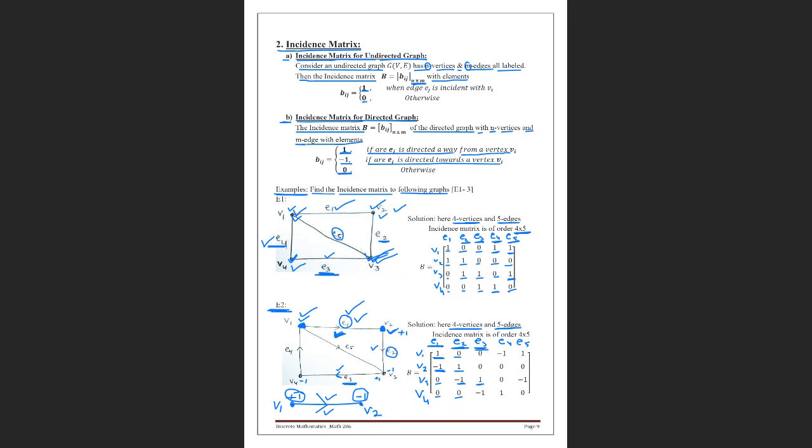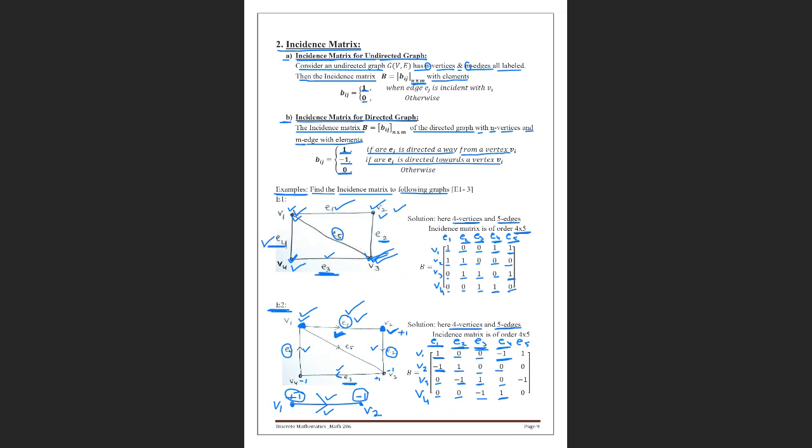So V3 here +1 and V4 here -1, and the rest is 0. Now see this E4. Edge E4 is here. For this edge the arrow goes this way, so V1 -1 and V4 +1, and the rest is 0. Right?